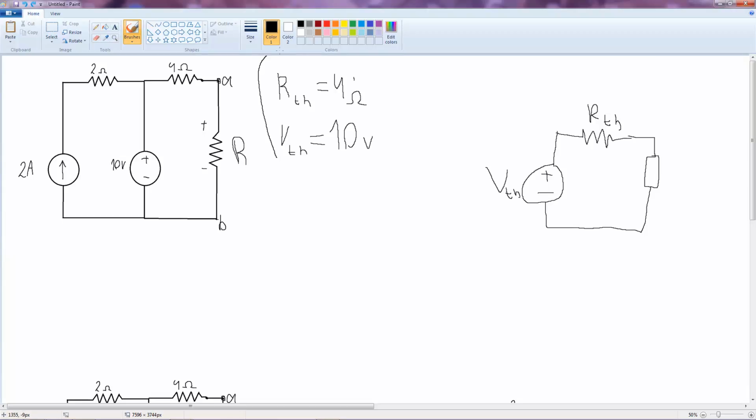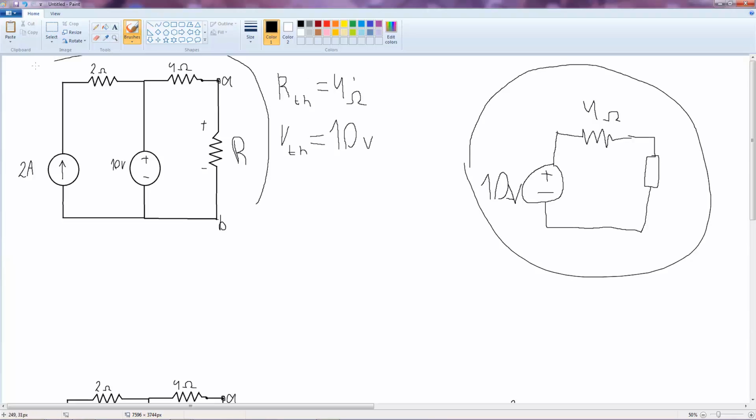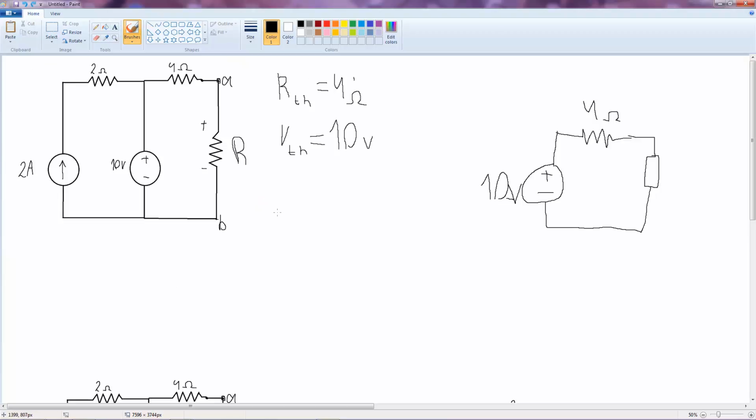And as you can see, in this very simple case, we found our equivalent circuit. So let's replace this with 4 ohm and 10 volts, and we can say that this circuit is equivalent to this circuit. And what does that mean now?